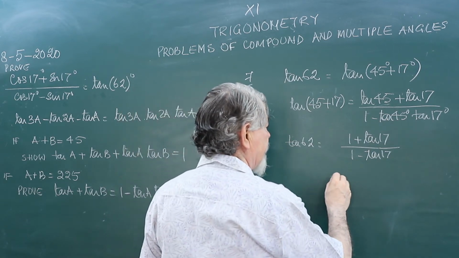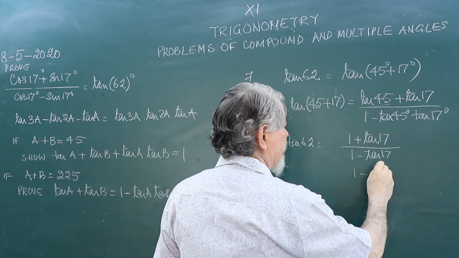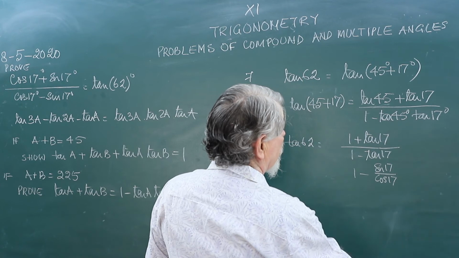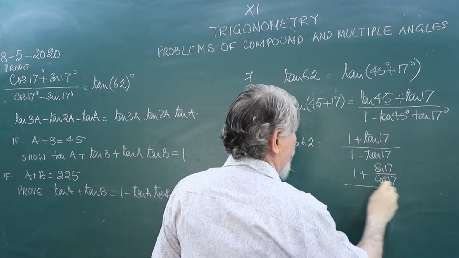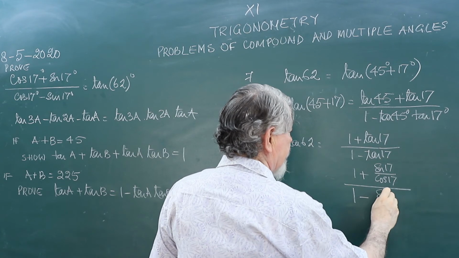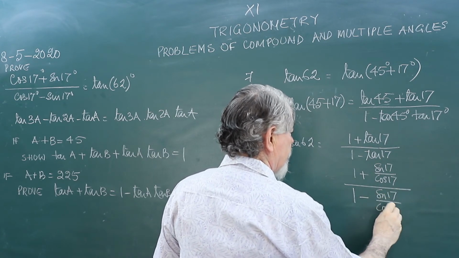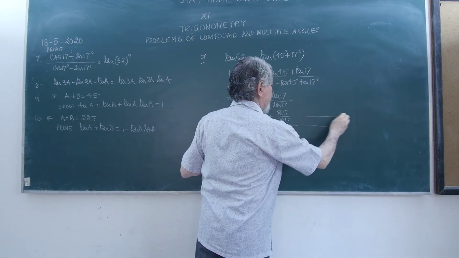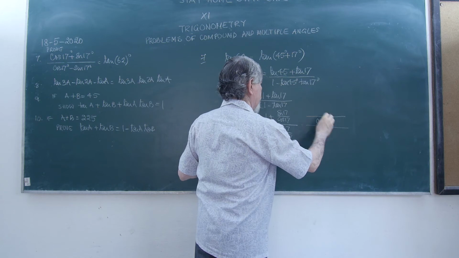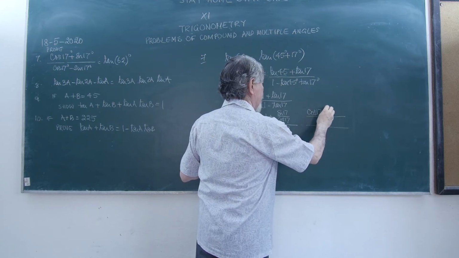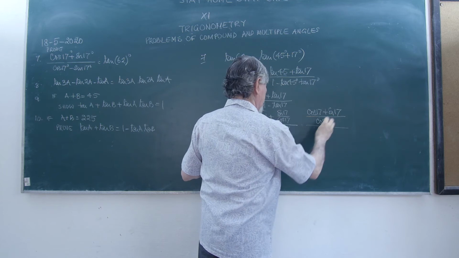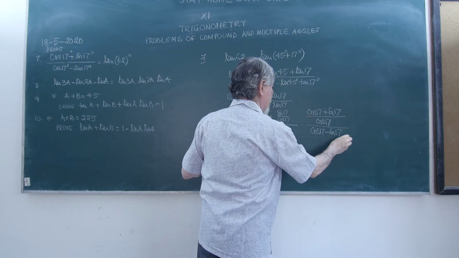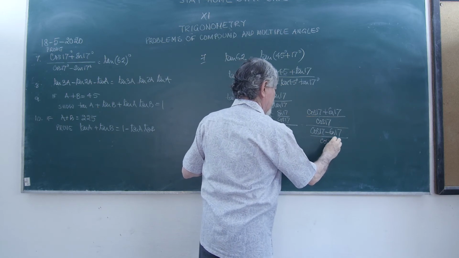And tan 17 can be written as sin 17 upon cos 17. So (1 + sin 17/cos 17) upon (1 − sin 17/cos 17). We can take LCM in the numerator as well as denominator. (cos 17 + sin 17) upon cos 17, divided by (cos 17 − sin 17) upon cos 17.